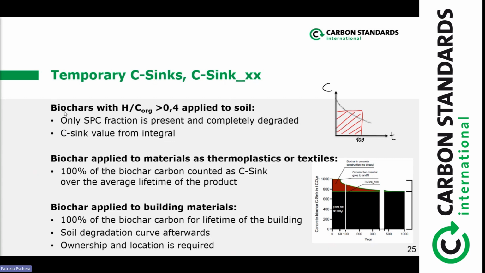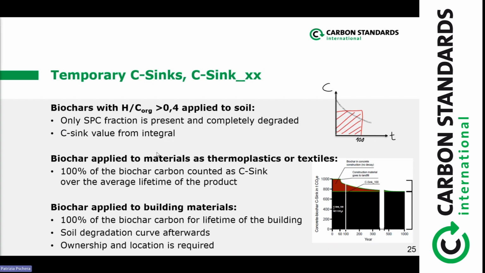And that's, for example, the case for biochars with an H2C organic ratio above 0.4 that are applied to soil, because there only the SPC fraction is accounted for, and therefore it's completely degraded, but you retrieve the C Sink value from the integral. And then you could, for example, have a C Sink 100 derived from the SPC part of the biochar.